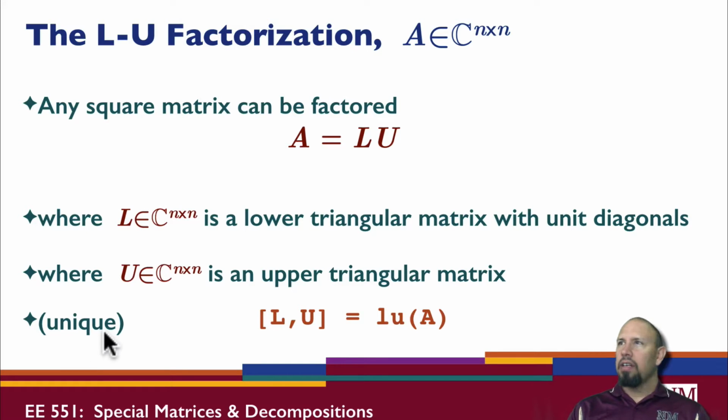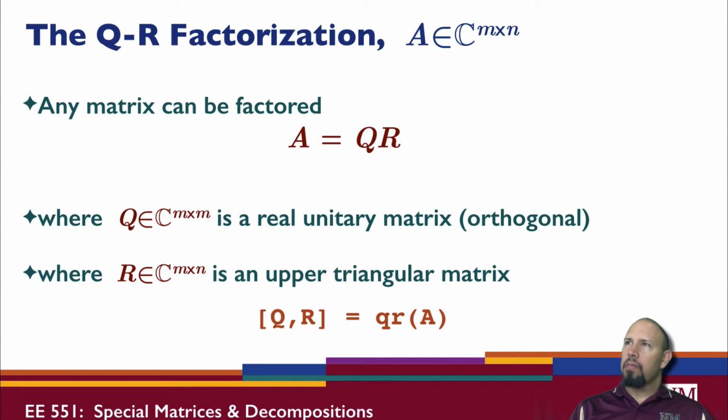There may be good reasons for factoring things so that I have two triangular matrices. The QR factorization: any matrix can be factored according to a QR factorization, where Q is an m by m real unitary matrix or orthogonal matrix, and where R is an upper triangular matrix.